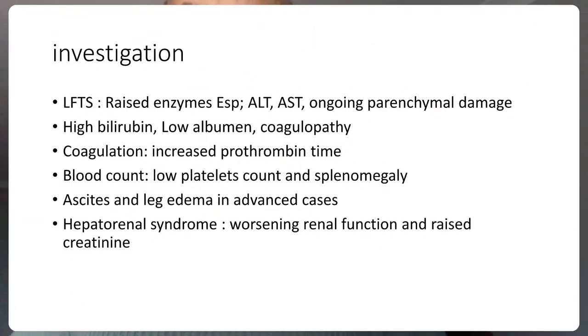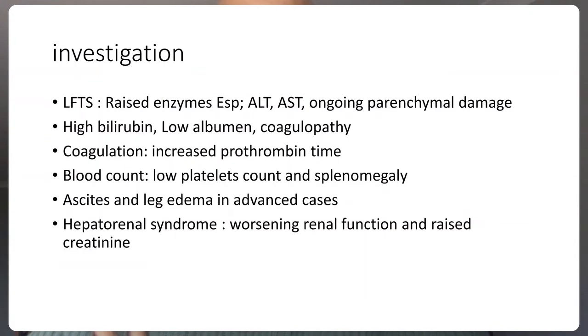We do liver function tests, and generally you'll find that those patients will have deranged LFTs. What's important in that derangement basically is the level of the ALT, which gives us an indication of the ongoing hepatocyte damage. So ALT will be high if there is ongoing or recent hepatocellular damage, and these patients usually show chronically elevated levels of ALT and AST.